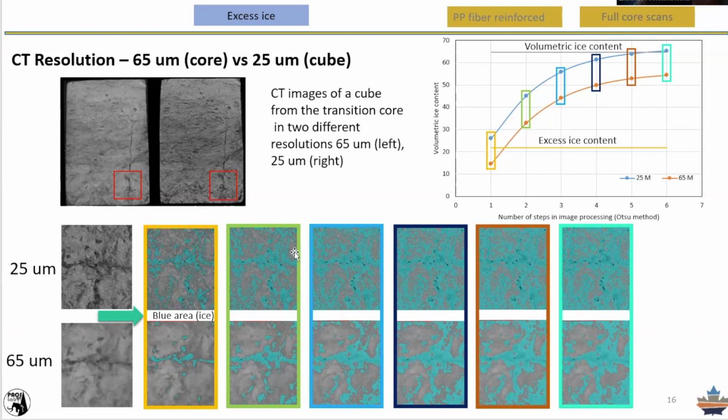I mean, how are the results of CT scan converted to volumetric ice content? In Dragonfly, whenever you split something as a new region of interest, you can have all the details of that region of interest. You can have the volume of that region of interest. You can have what else?